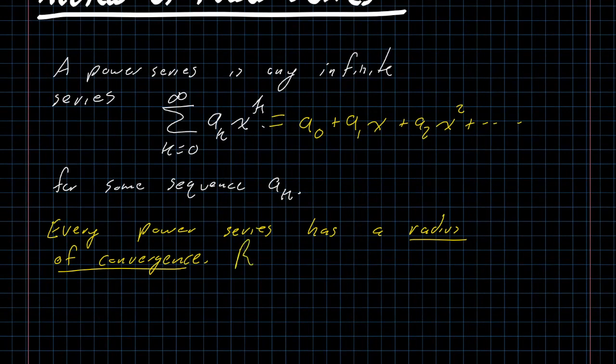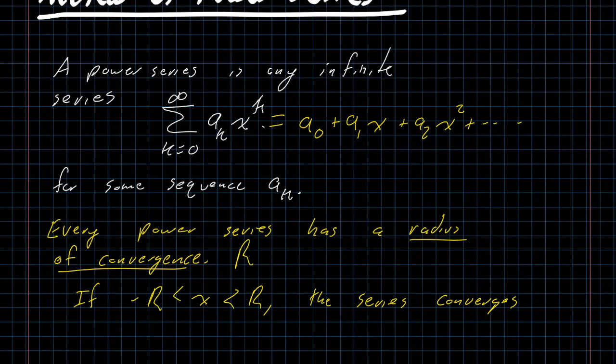And we'll generally represent the radius of convergence as capital R. If negative R is less than x is less than R itself, the series converges. And if x is less than negative R or x is greater than positive R, the series diverges.